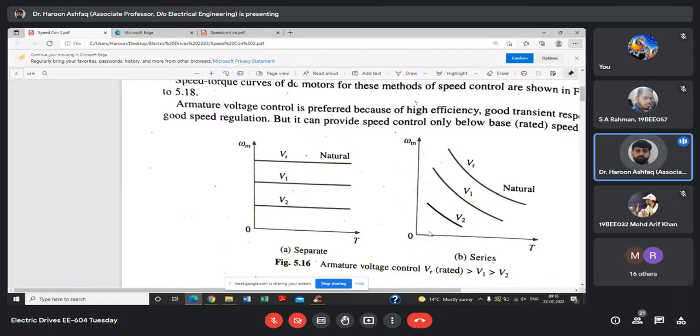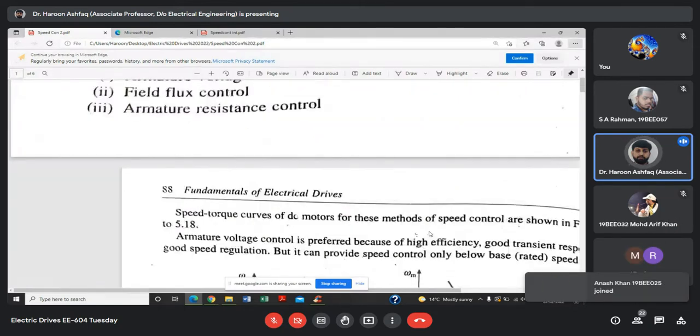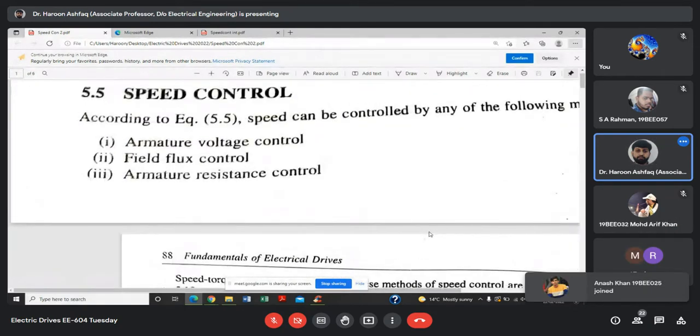Now we talk about the speed control of DC motors, both shunt and separately excited, because they are treated the same, as the value of flux remains the same throughout in separately excited as well as shunt machines. You have three types of control: armature voltage control, field flux control, and armature resistance control.